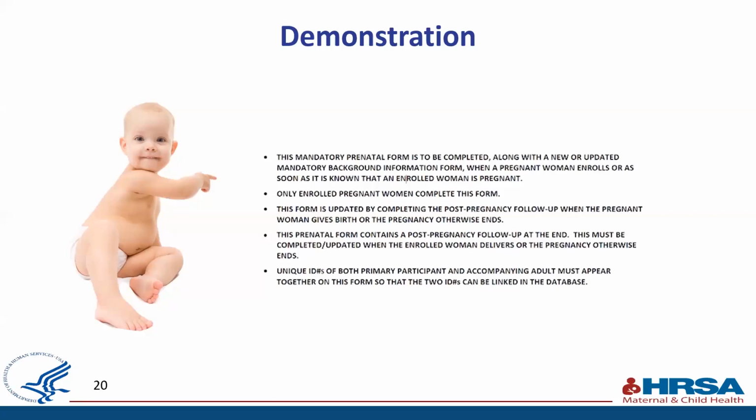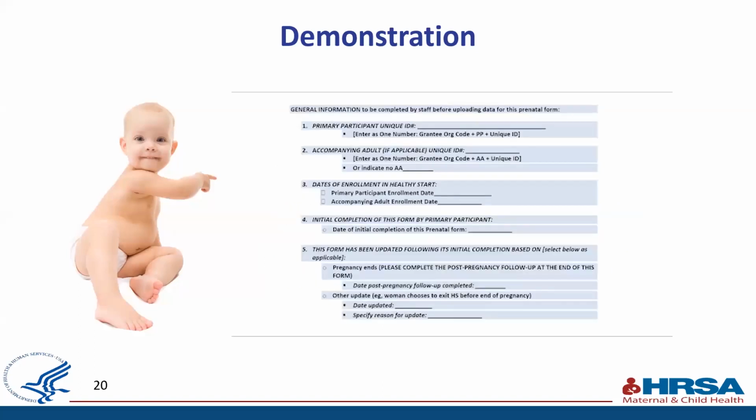This section must be completed when the enrolled woman delivers or the pregnancy otherwise ends. You will need to provide a unique ID number for both the primary participant and the accompanying adult. This section asks for identifying information about the participant and their accompanying adult, if applicable. Morgan will read and fill out the entire general information section before beginning the interview with Maria.